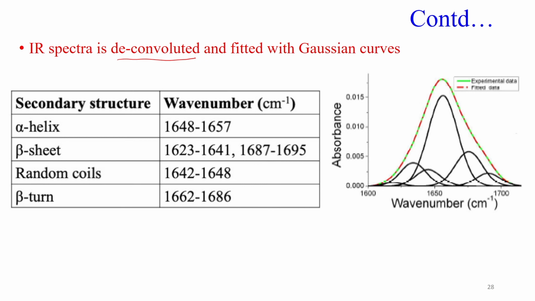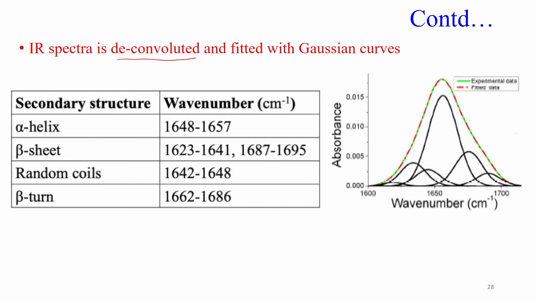So, for alpha helix, if the peak lies in the range of 1648 to 1657, we call it an alpha helix peak. For beta sheet, it is at 1623 to 1641 or 1687 to 1695, and for the random coil we go from 1642 to 1648, and for beta turn, here 1662 to 1686.